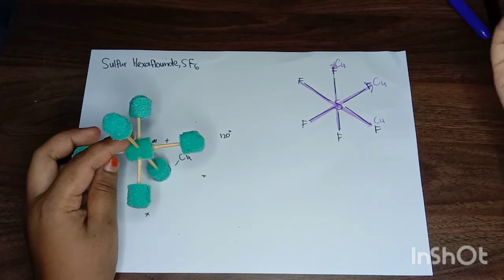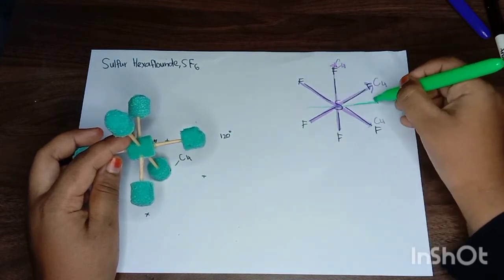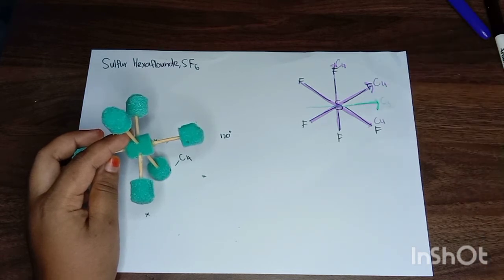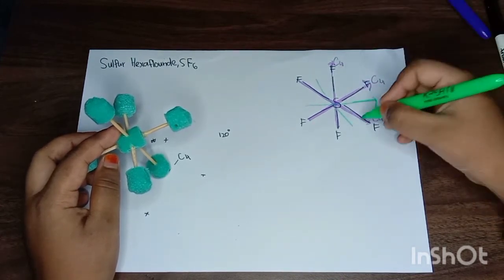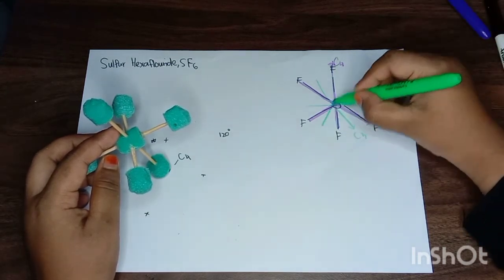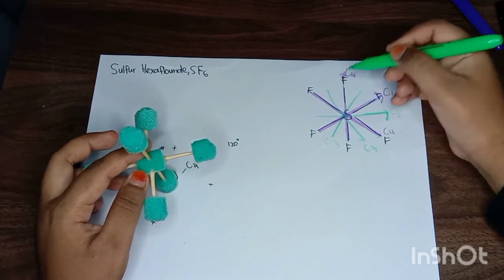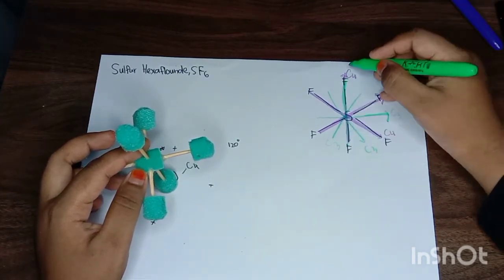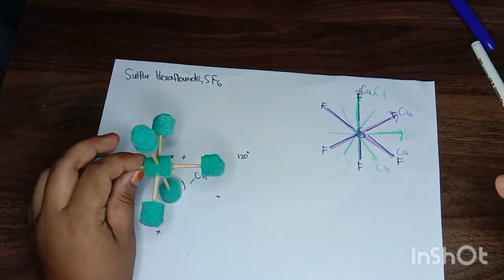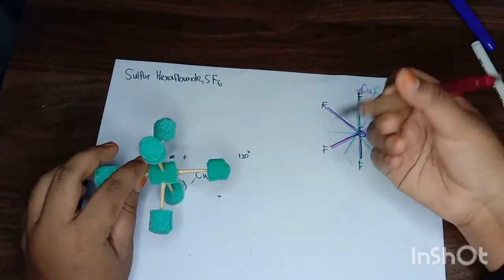The C2 axis is here, here, and here, also C3.